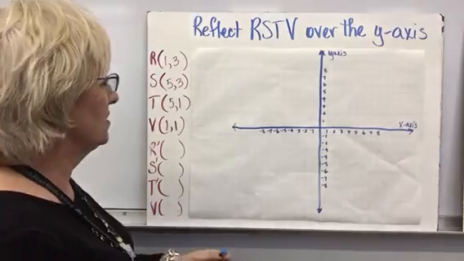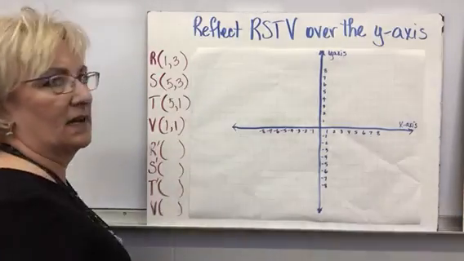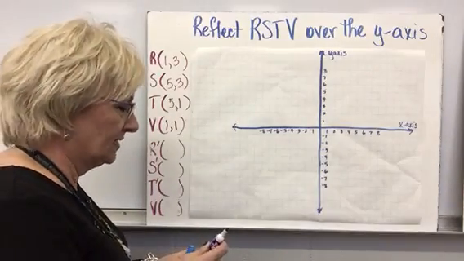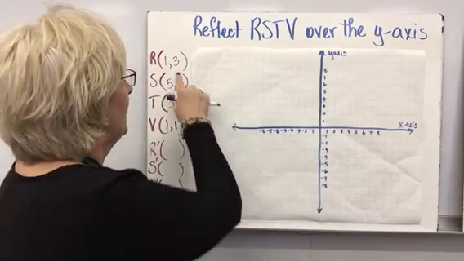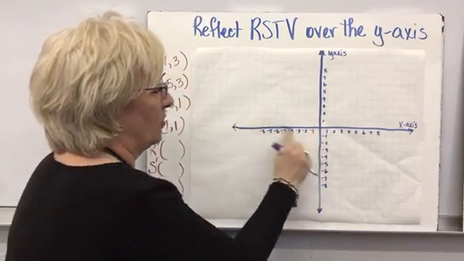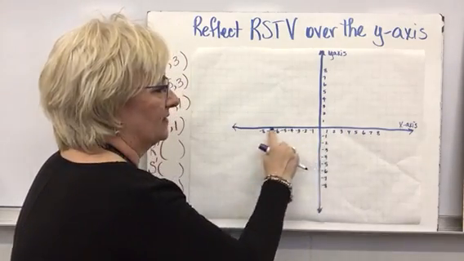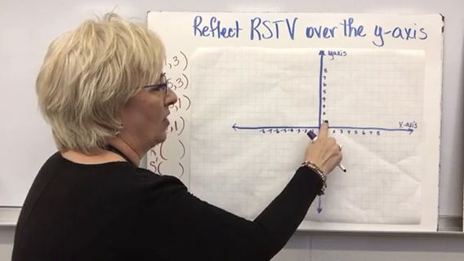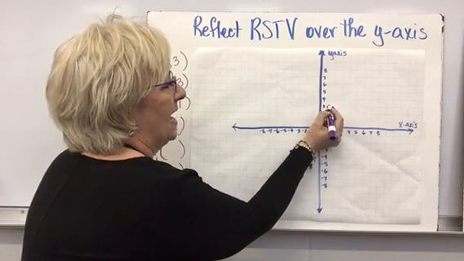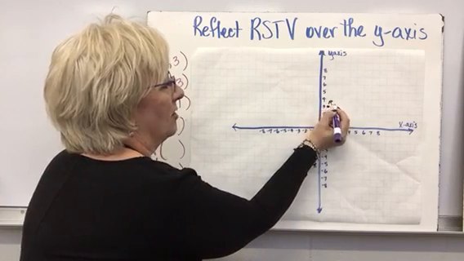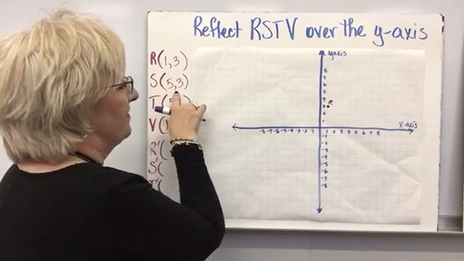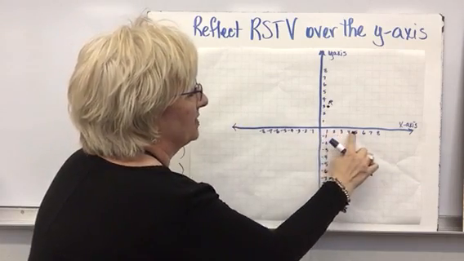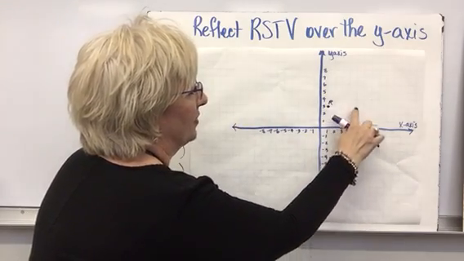The first thing we need to do is plot these on our coordinate plane. It is +1, +3. We're always going to use our x-axis first, so we go to +1 and go up to +3. And this is going to be our R. S is going to be 5 and 3, so we go all the way to 5 on the x-axis and up 3.